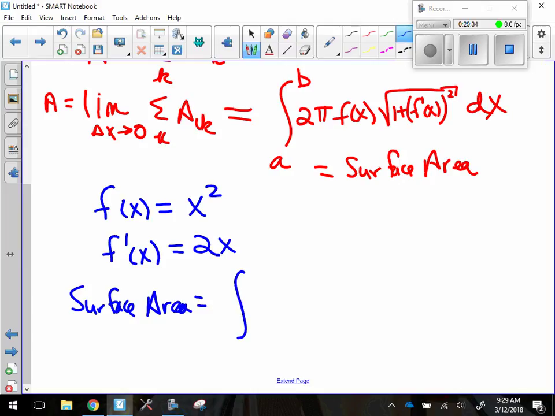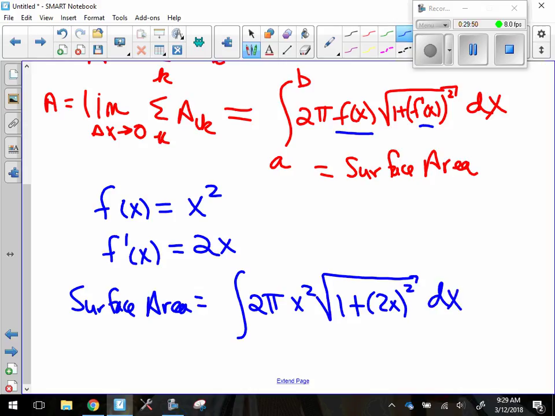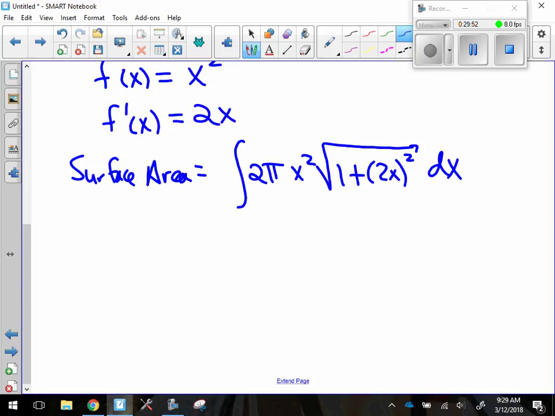We'll talk about the limits in a minute. 2 pi f of x, which is x squared, times the square root of 1 plus f prime of x, which is 2x squared, times dx. And then what are my limits of integration? 0 to 2. Good, whoever said that.